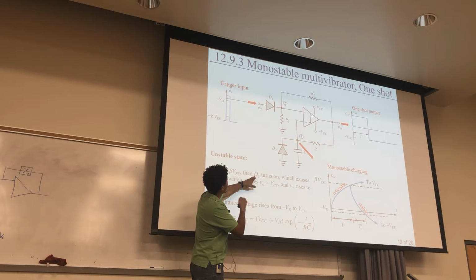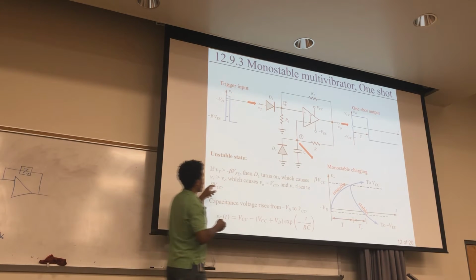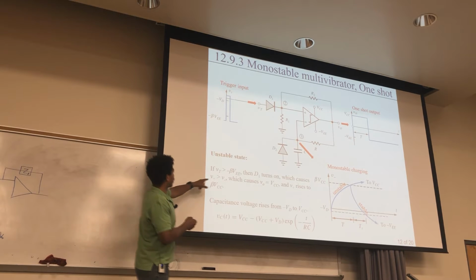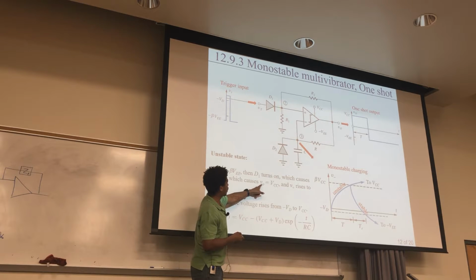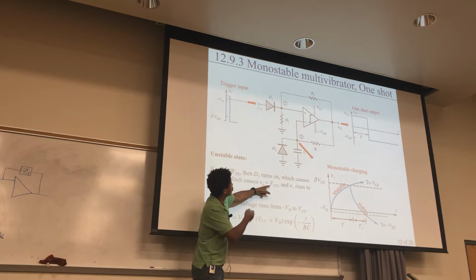Then your D1 turns on, and that causes this voltage to be greater than this one. So when this turns on, then this voltage becomes greater than this voltage, which causes your V output to switch. It's a comparator, so it's going to switch from this up to that.